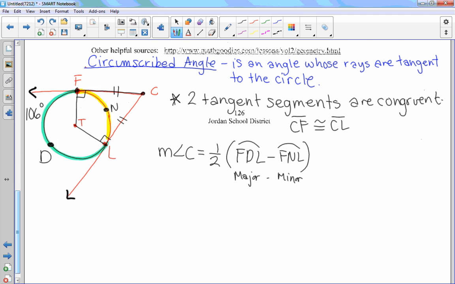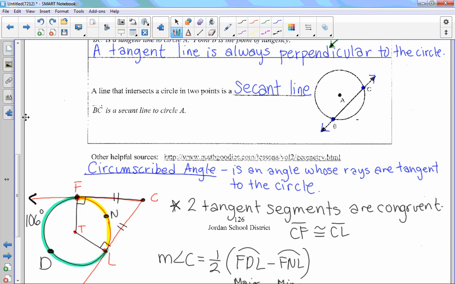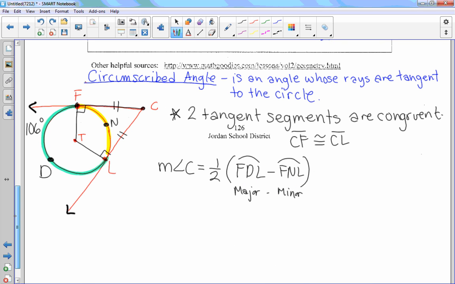Maybe I should make this bigger. Well, how about 190? That's probably more accurate because there's 180 and then a little bit more. Okay, so 190 degrees is our major arc. We know that a whole circle has to add up to 360. So please calculate the minor arc, this yellow part.